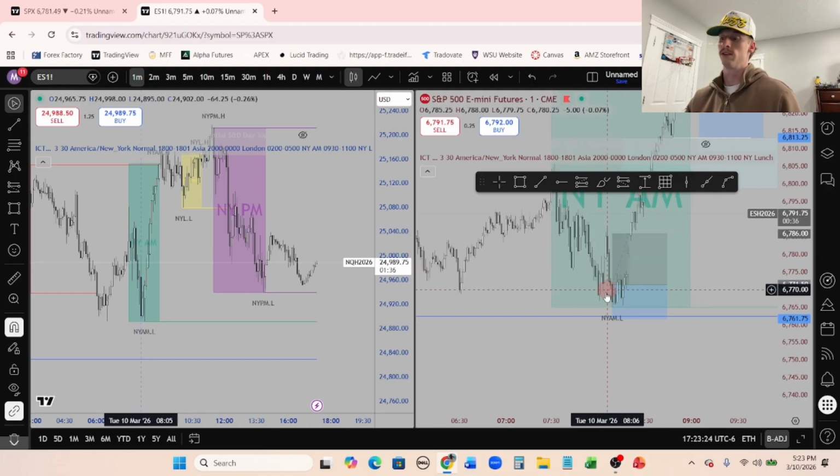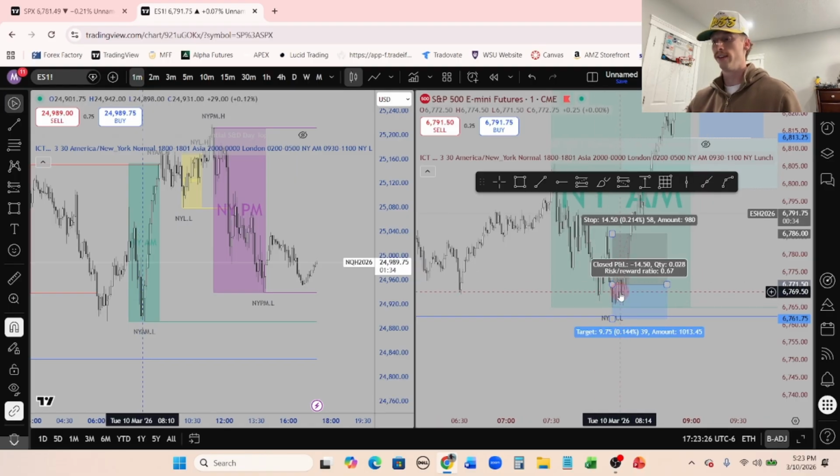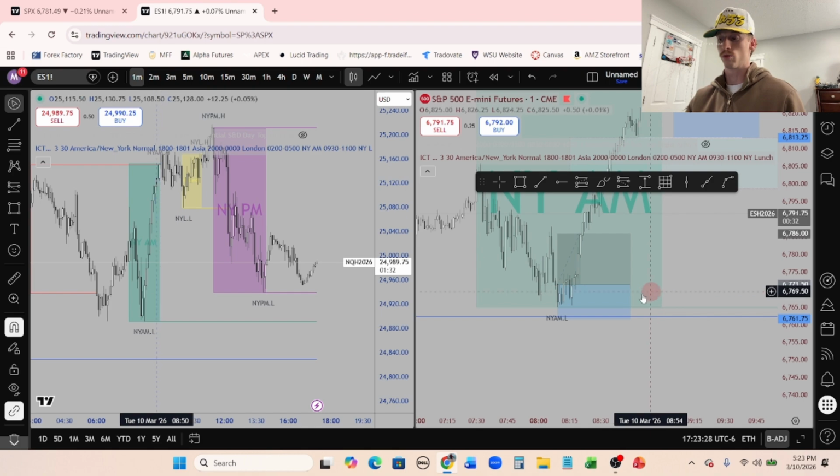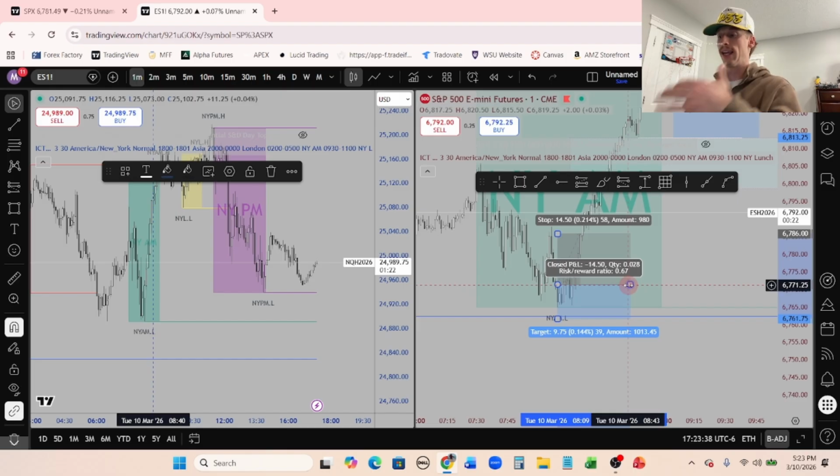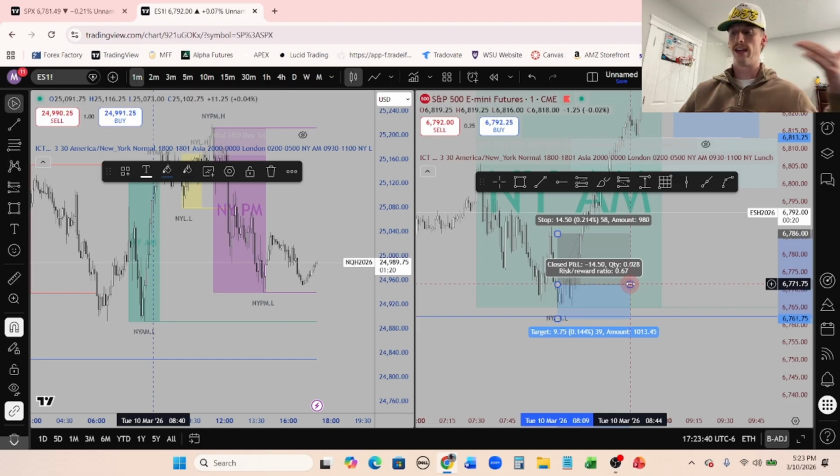I've taken trades like this in the past just on evals, and they have won. And I think it's really bad when you break your rules and you get rewarded for it, because that trains you to want to do it again and again, and it gets easier to do it again and again.